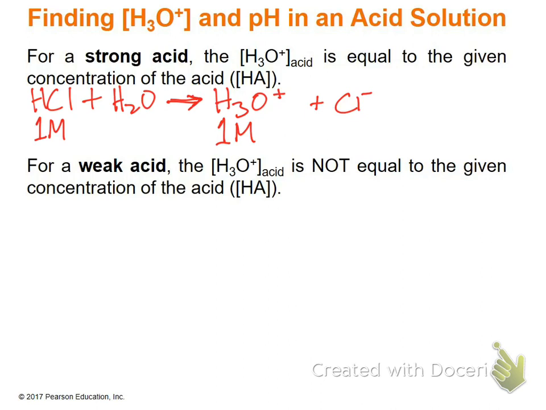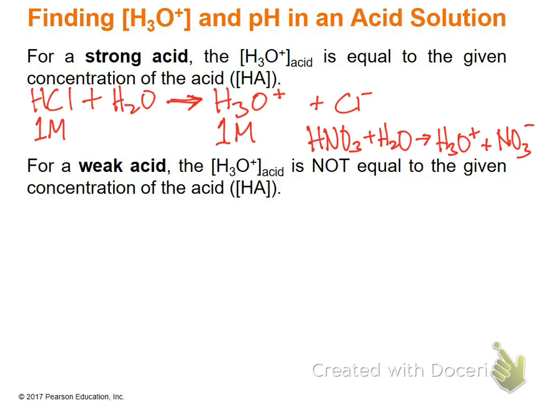So another example is if you have nitric acid, HNO3. So when you dissolve this in water, you generate the hydronium ion, H3O+, and the conjugate base, which is the nitrate ion. It's a conjugate base because it can accept a proton, and a proton is a positive charge.